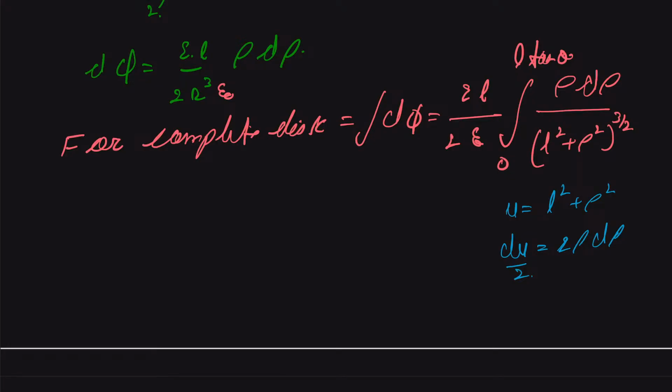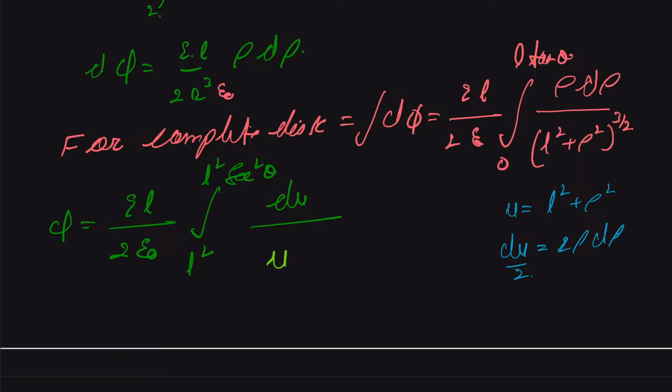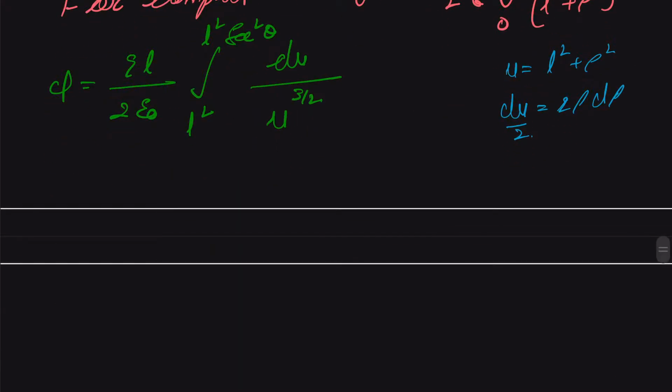That is quite simple, and let me sort it out directly. So we can say that our flux phi will be equal to qL upon 2 epsilon naught, and it comes L square to L square secant square theta, du divided by u to the power 3 by 2. And if we integrate it, we are obviously going to get the answer.